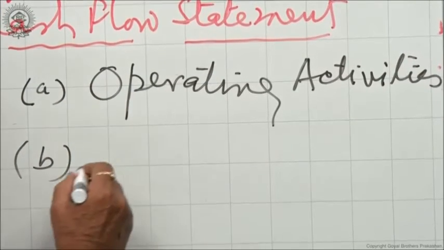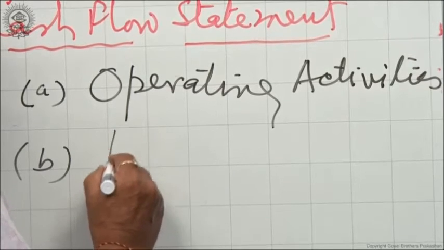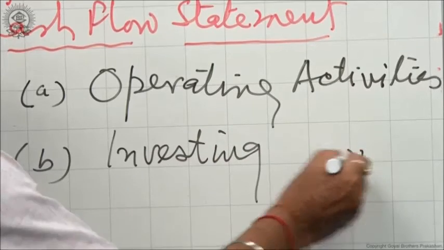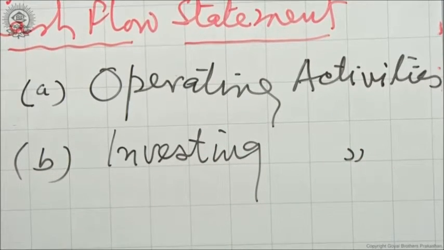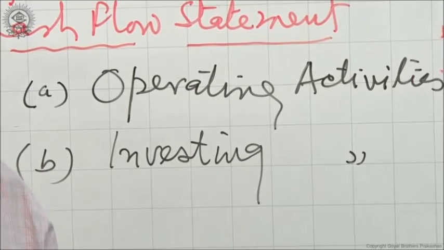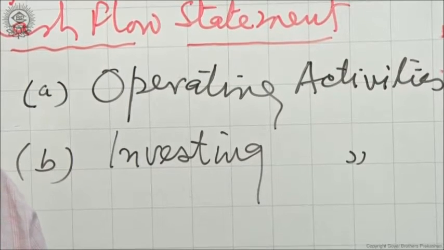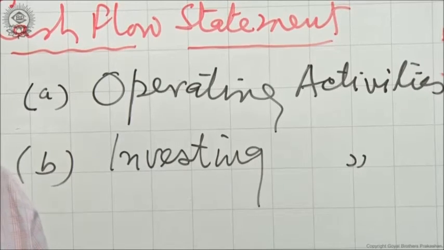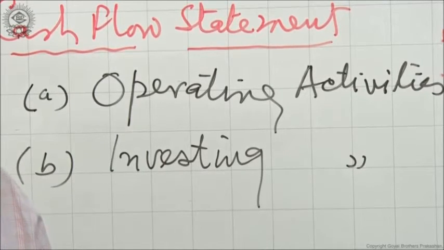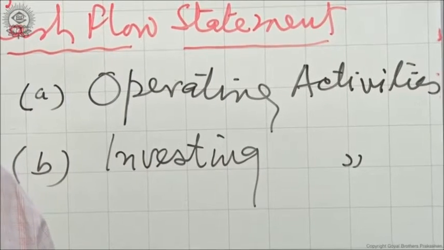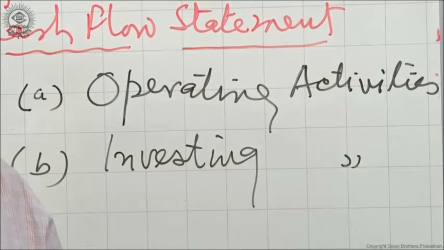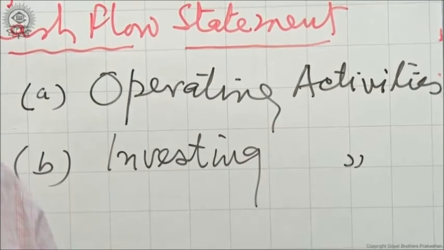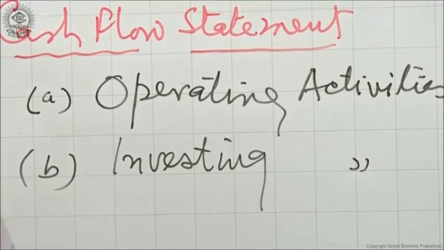Then we have cash inflows and outflows on account of investing activities. Investing activities are those when you buy assets, buy fixed assets, buy buildings, buy say shares or say furniture or plant. So these are investing activities, and when you sell these assets after having used them for some time, then it is again an inflow of investing nature.